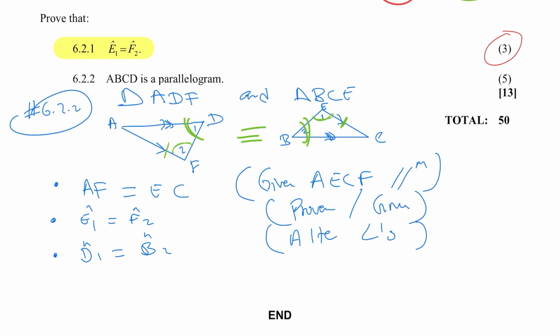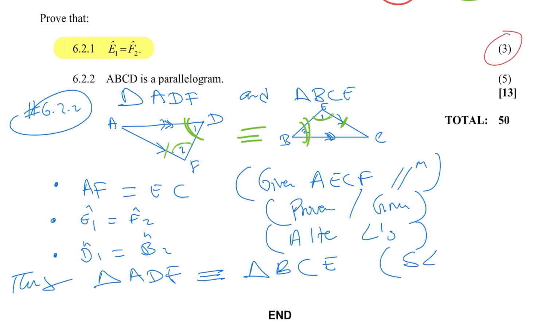So therefore, thus triangle ADF is similar to triangle BCE. And your reason is side, angle, angle. Yes. Now we know that triangle ADF is similar to triangle BCE.